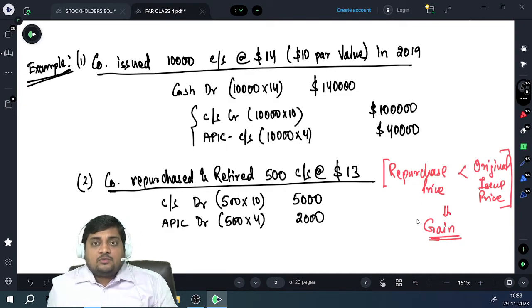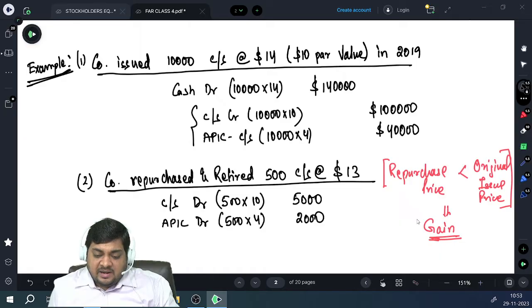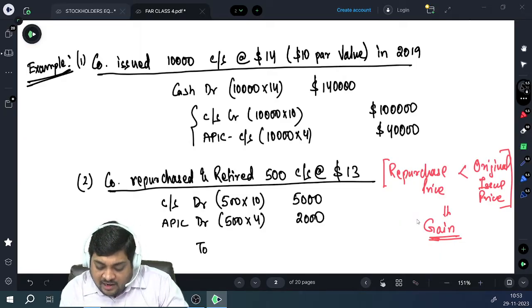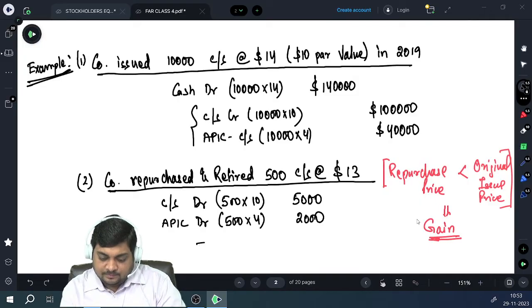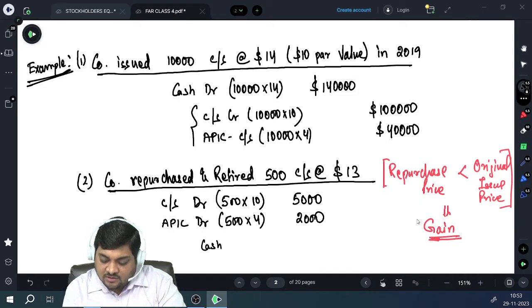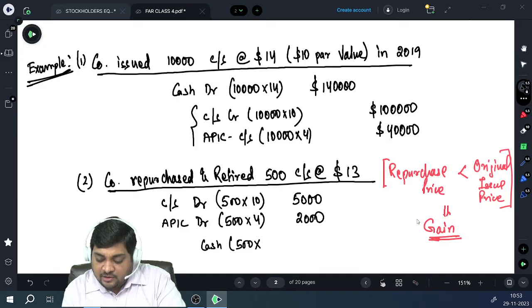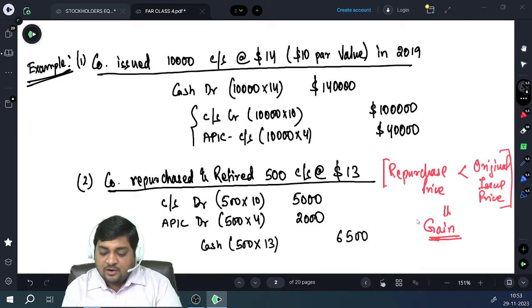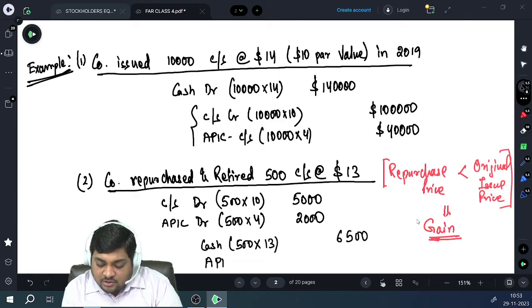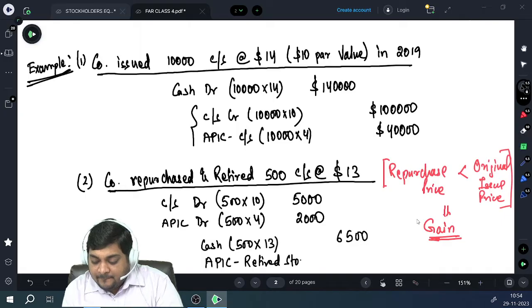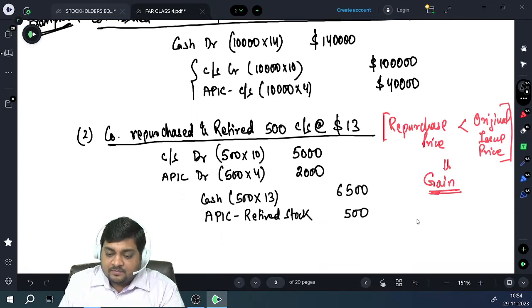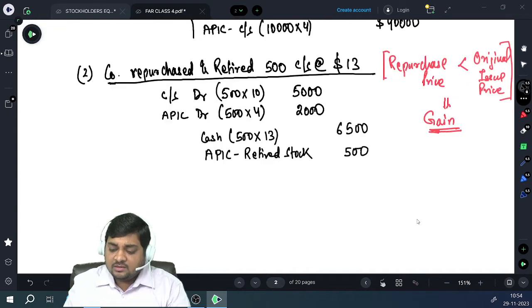So the amount that was credited to common stock and additional paid in capital, we have debited it. So now we are going to credit cash, that is 500 into 13. So there's a gain of 1 rupee which will be transferred to additional paid in capital retired stock, 500. This is very easy, no need to think much.